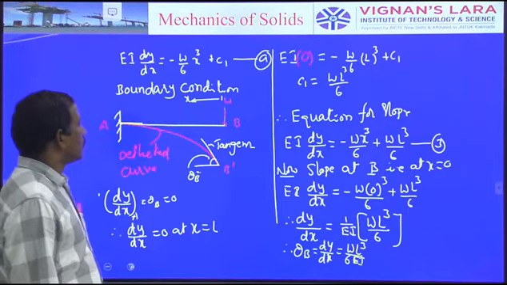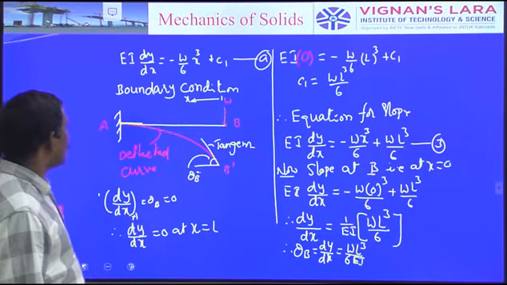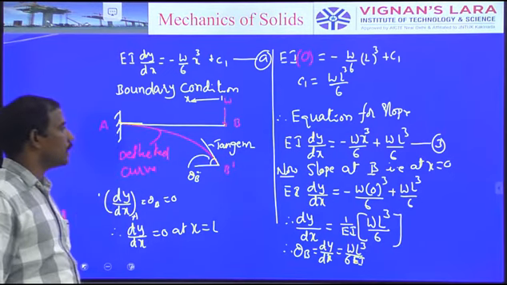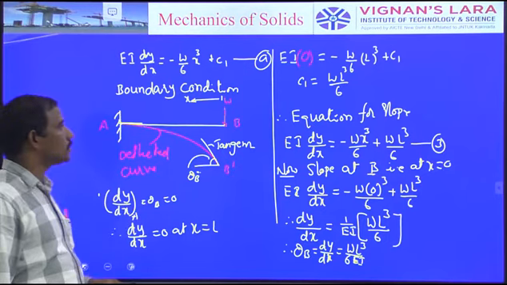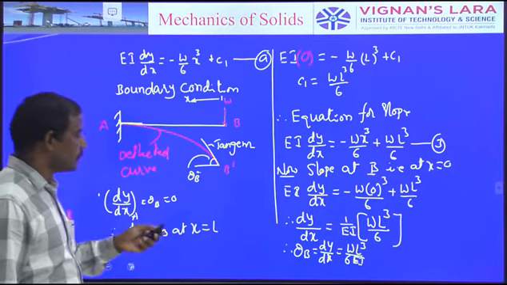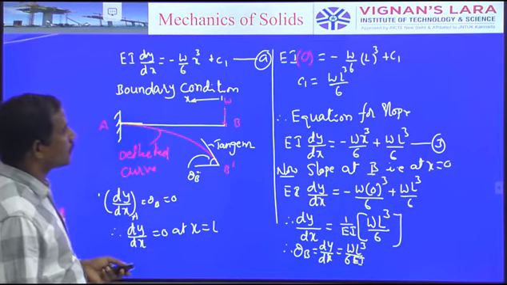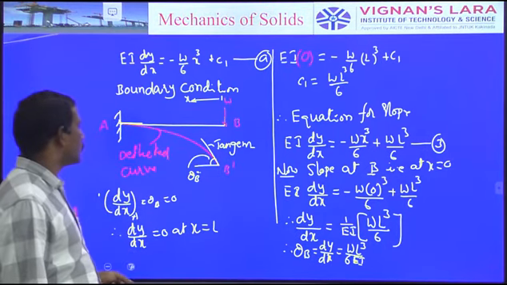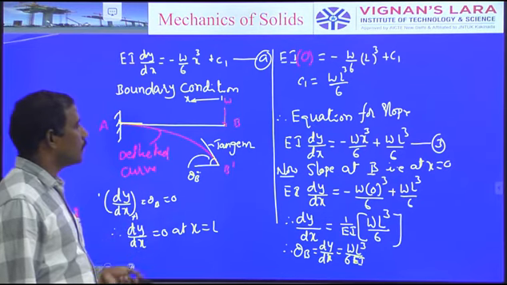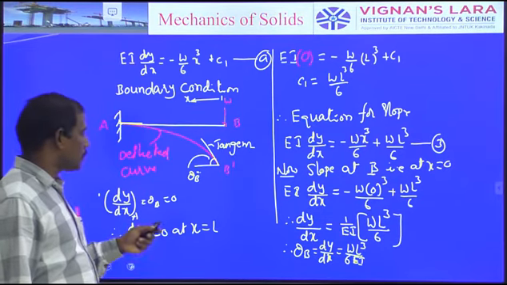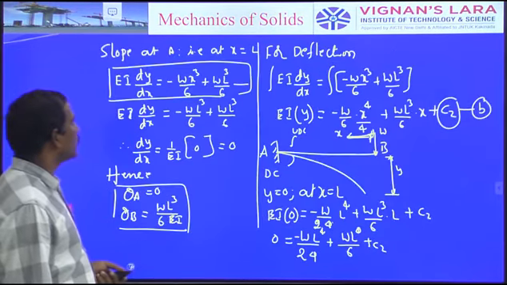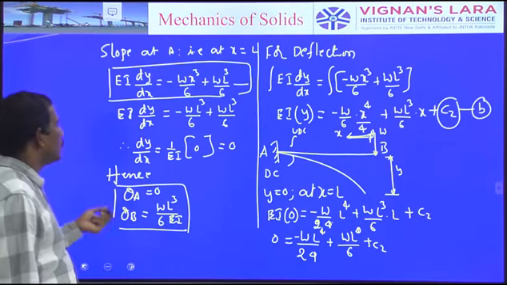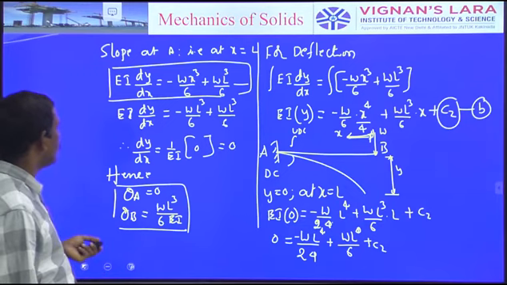Then impose the boundary condition: from the geometry, the slope is 0 at A, so dy/dx is equal to 0, giving the constant of integration C1. Substitute this value in equation A and find the slope at B and A. Then integrate the slope equation once again.